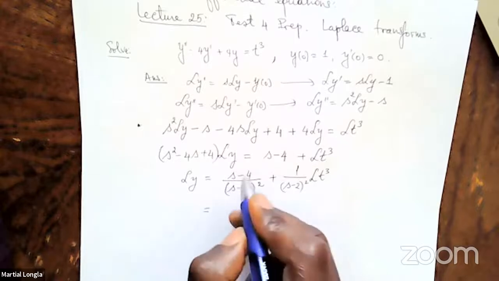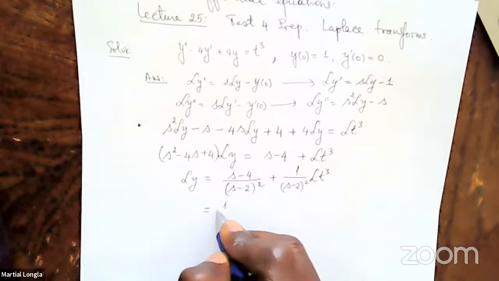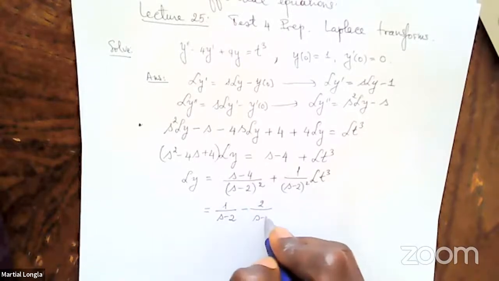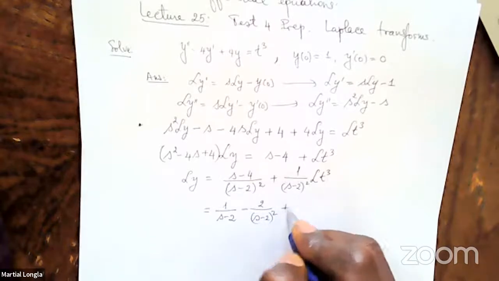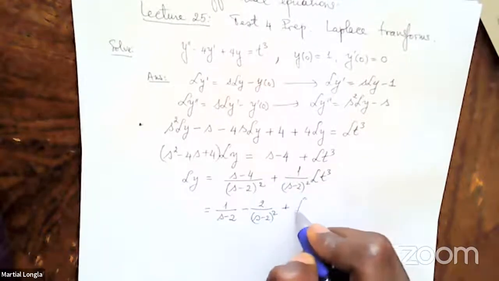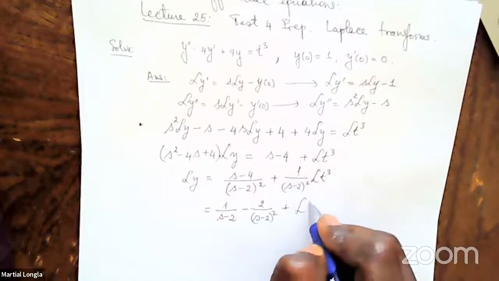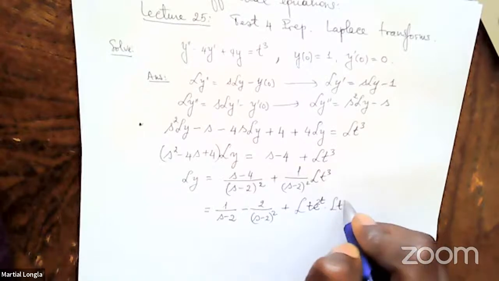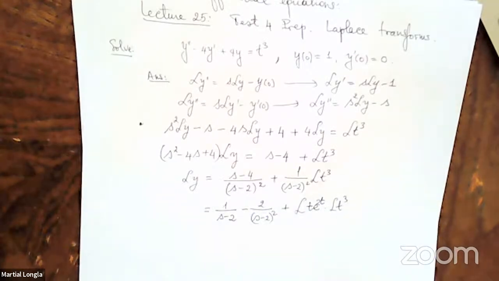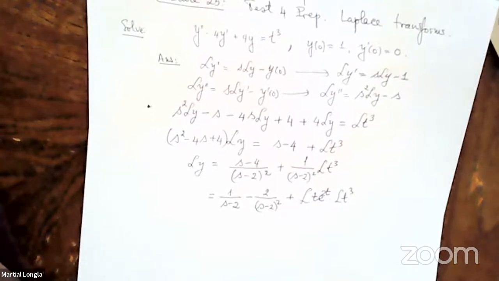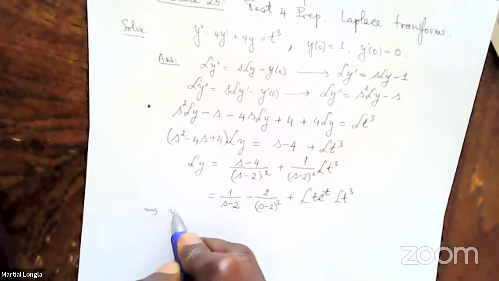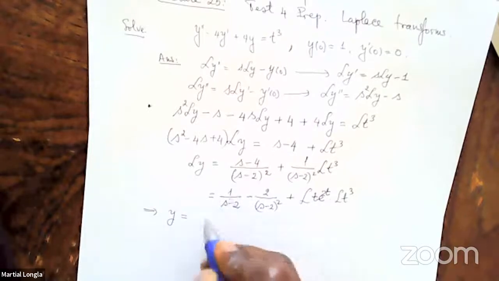And this is 1 over s minus 2 minus 2 over s minus 2 squared plus, and this is the Laplace transform of t e to the 2t. Therefore, we get y equals the inverse Laplace transform.